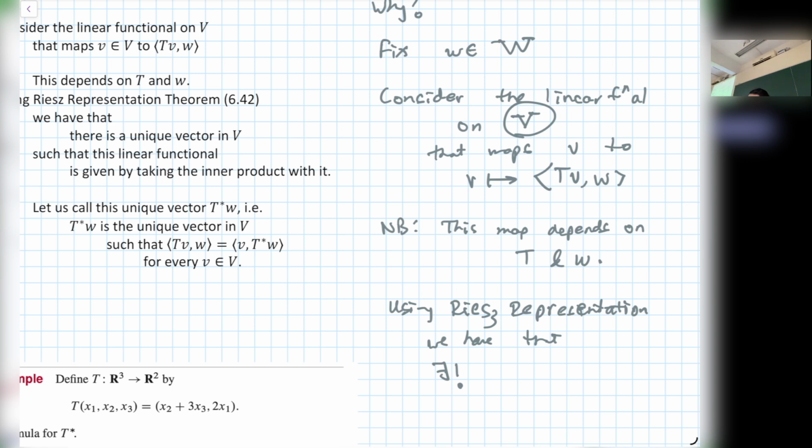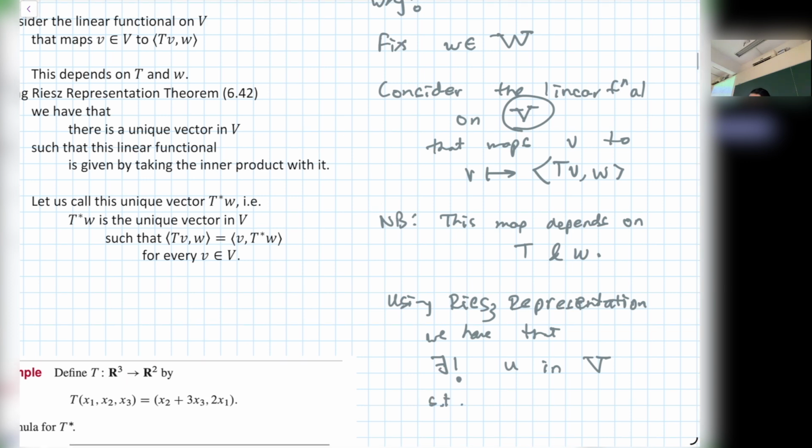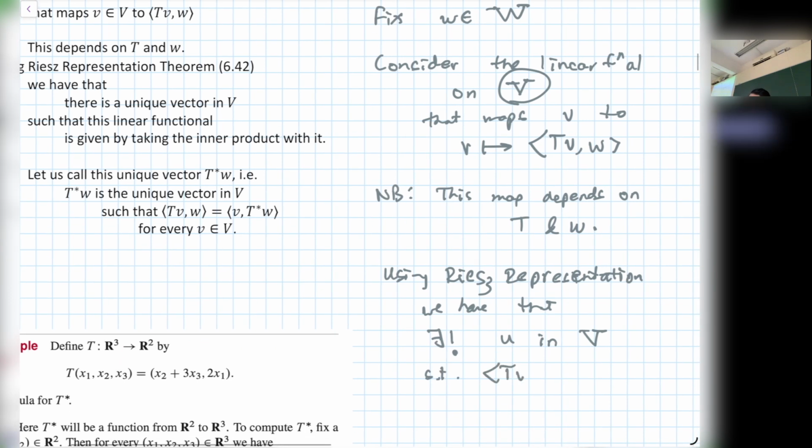So there exists a unique vector, let's call it U, in capital V, such that TV comma W is the same as V inner product with U. Is that okay? And remember, what does U depend on? T and W, those are the parameters. Are you with me? Did you fall behind?